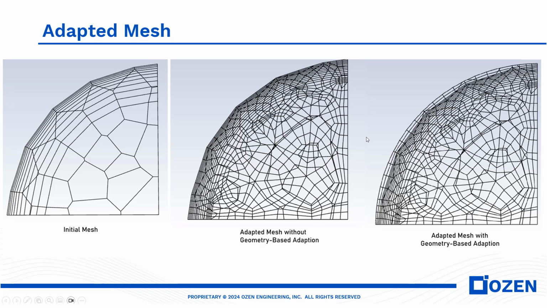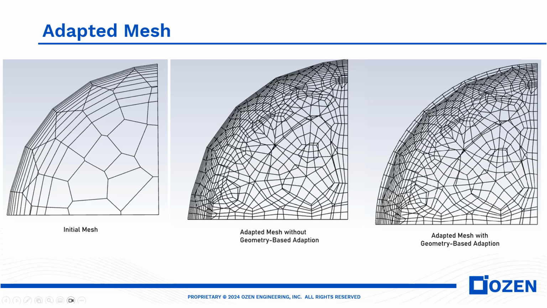Previously I may have had more initial nodes here, but still I was seeing these corners. Here we not only added nodes, we also positioned them in a way that reconstructs the geometry to match the original geometry. This is very important, and it can give us a much better resolution for the geometry.